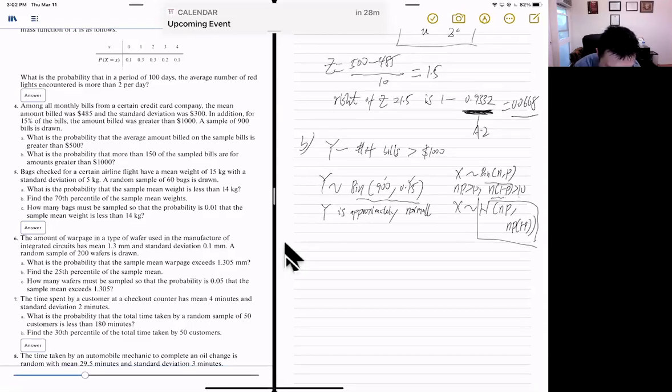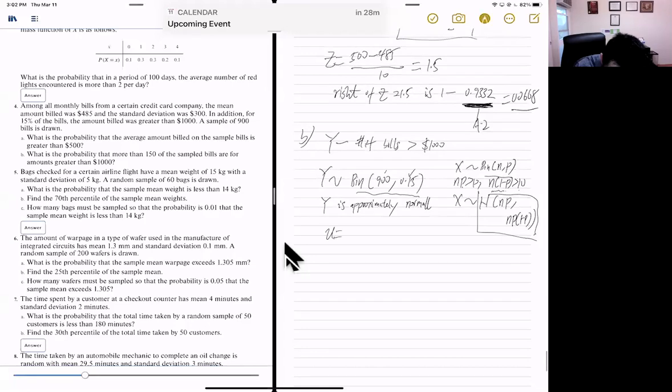So we calculate NP and N times 1 minus P. Both of them are larger than 10. So Y is approximately normal distribution, with a mean value equal to NP, 900 times P, 0.15, so 135.